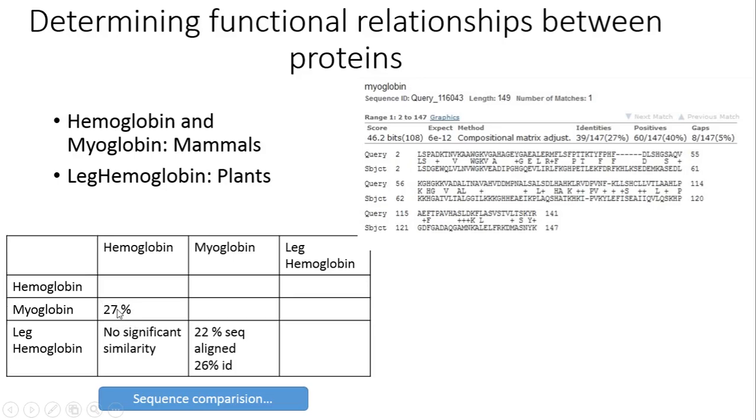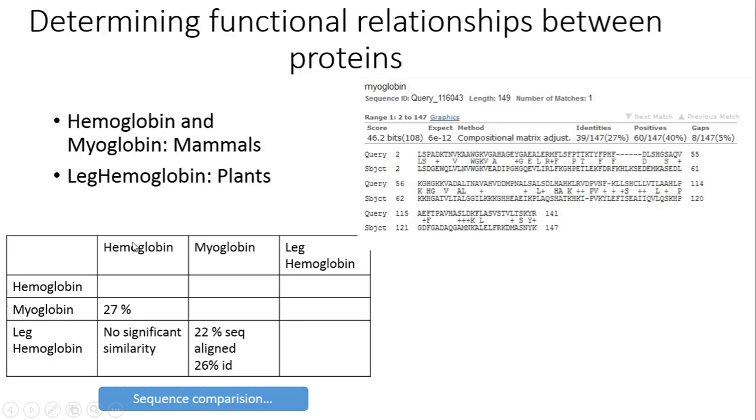This means hemoglobin and myoglobin share only 27% identity, and wherever there are identical residues between these two proteins, they are shown in this alignment figure. So hemoglobin and myoglobin share 27% identity.